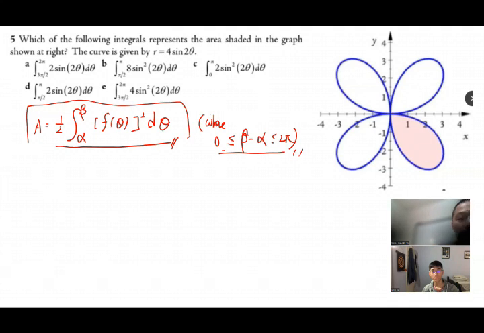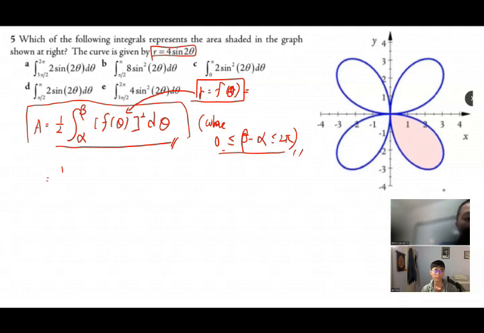So now you just need to plug in this function. Here r is the same as f of theta, a function of theta. So you plug this r into the formula, which is f theta.